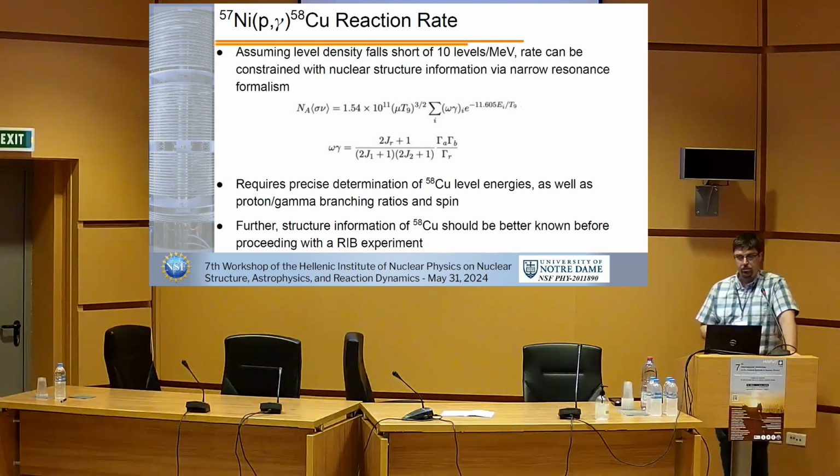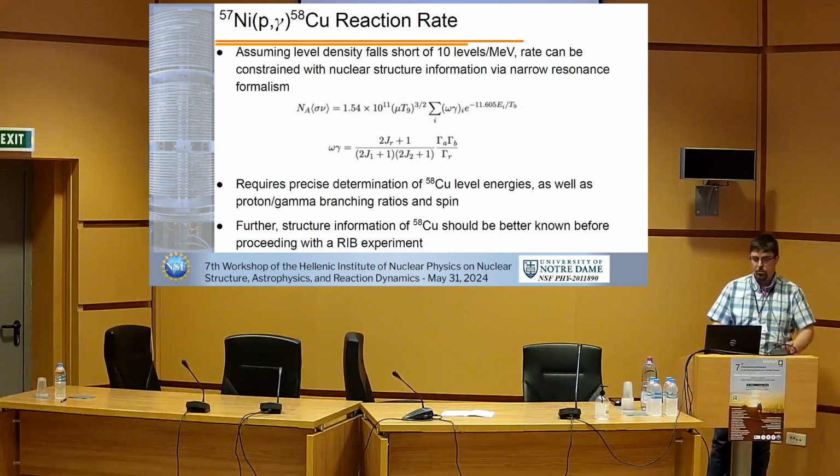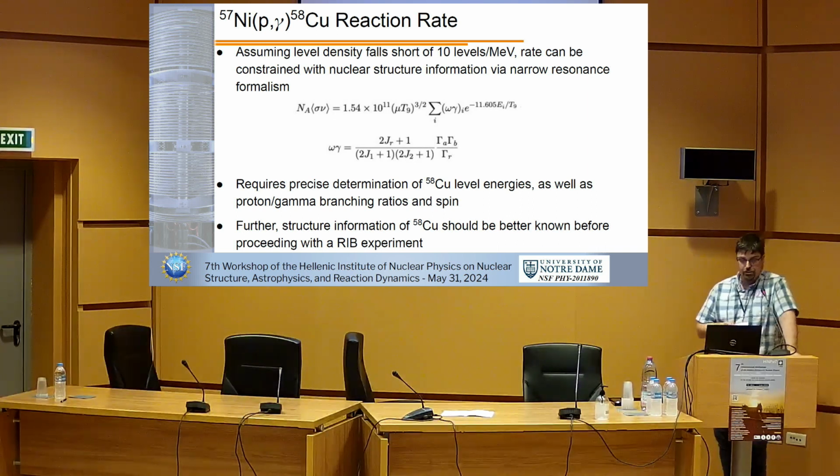So in this sort of environment, what you prefer is to use the narrow resonance formalism. But to do so will require precise determination of level energies, as well as proton-gamma branching ratios and spin parities of all the states in copper-58 in order to get this reaction rate.